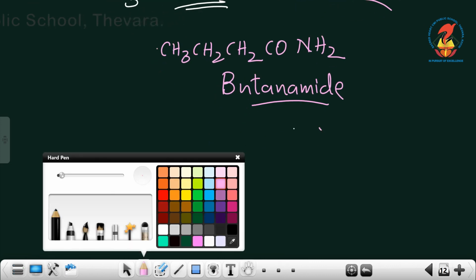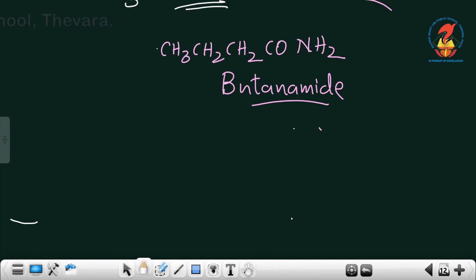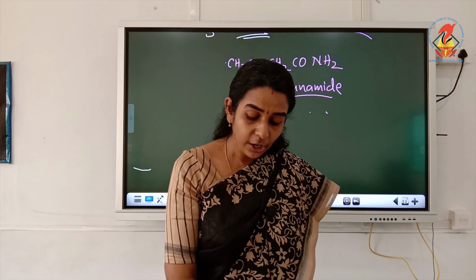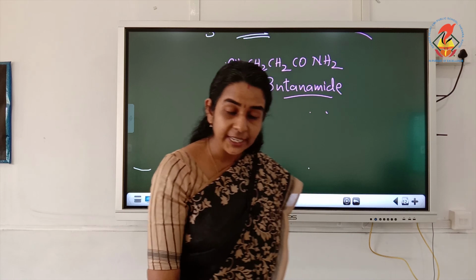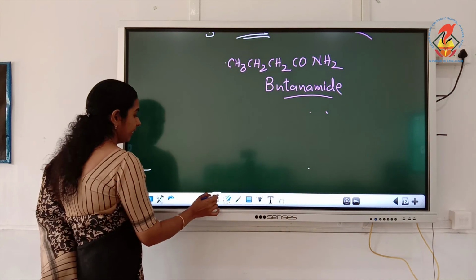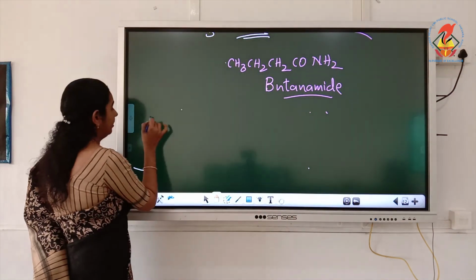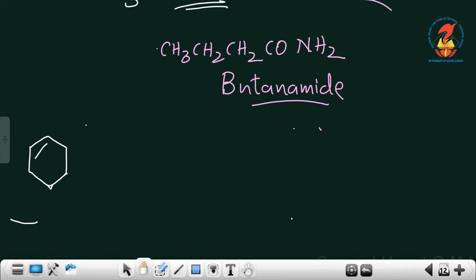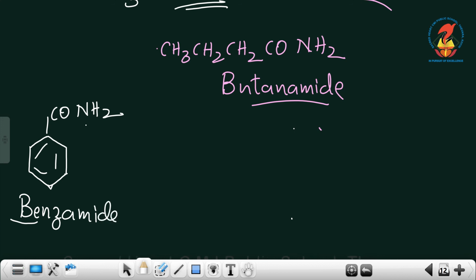Now the next question is, the amine produced by Hofmann degradation of benzamide. Benzamide means a benzene ring containing an amide group. If benzamide is undergoing Hofmann-bromamide, write the amine. That is the question.